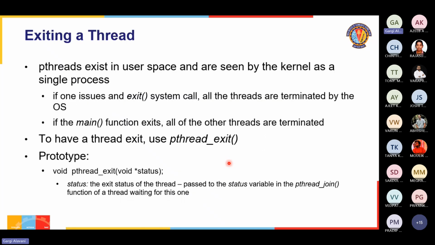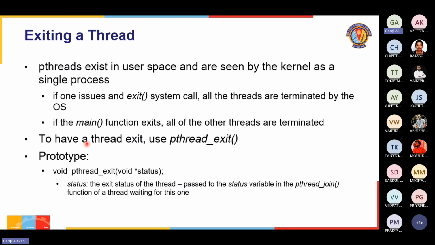There is another explicit function which is available to you, which is pthread exit. This exit is a system call, and all the threads are terminated by the OS when we have a pthread exit. There are two ways: you can either use the exit function or you can close the main function.